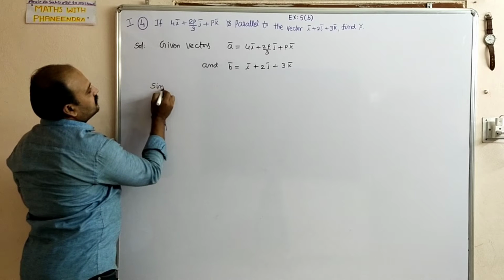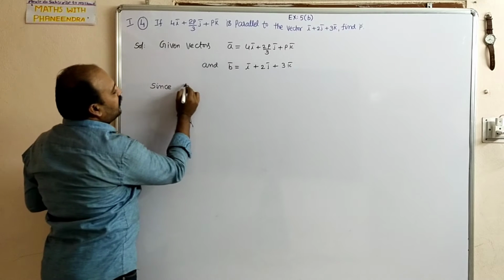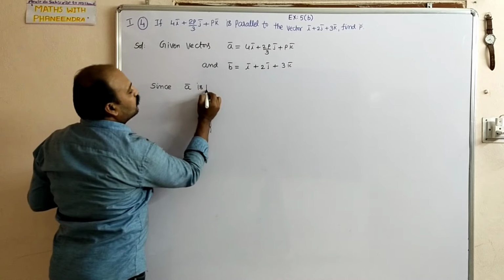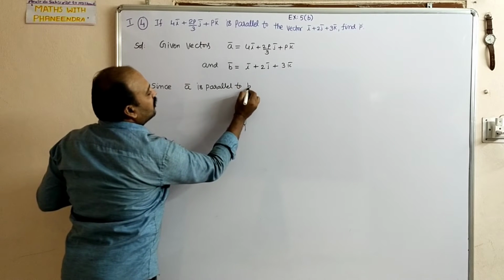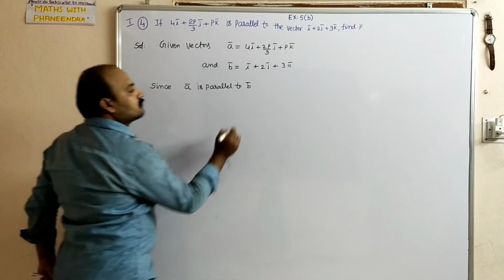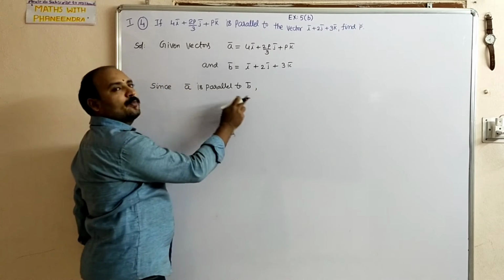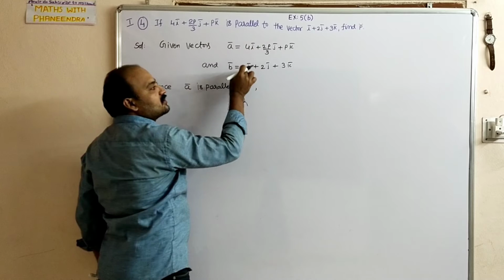Since a bar is parallel to b bar, whenever two vectors are parallel, their I coefficients are in proportional.